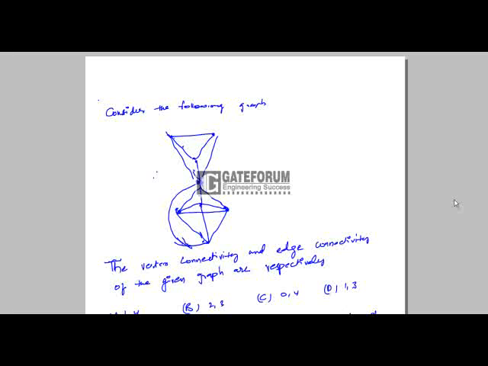If we want to separate this one, we have to delete 4 edges. Like this, if we find the edge connectivity, we will get a minimum of 3 edges that should be deleted to make the graph disconnected. So here edge connectivity is 3 and vertex connectivity is 1, which is option D.